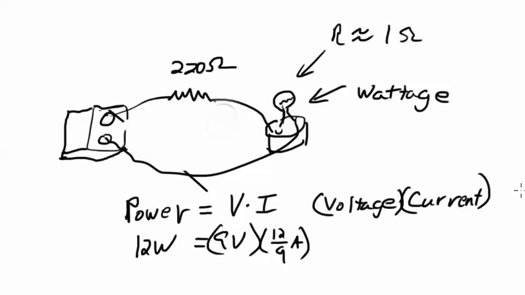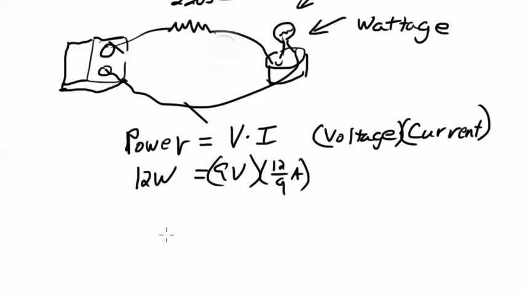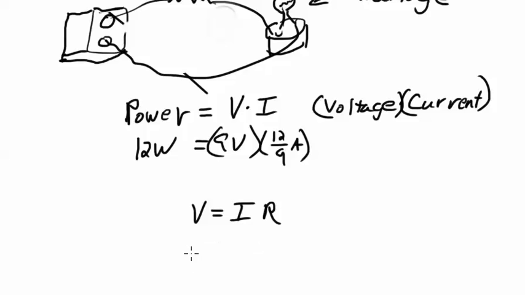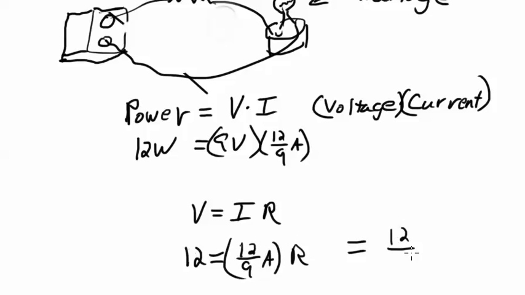We could actually find out. The voltage is equal to the current times the resistance. So if I plug in 12 volts, which is how much we have across there, and we've got 12/9 of an amp, our resistance is going to be 12 over 12/9, which is equal to 9.